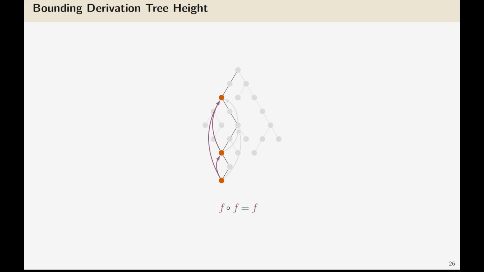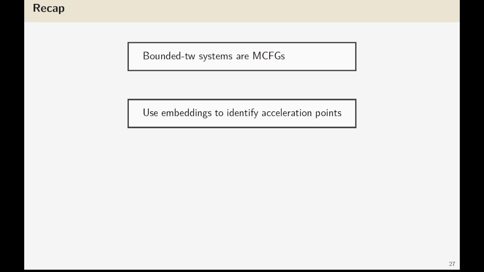Thanks, I'm almost done. Okay, just to recap, we have shown that bounded tree systems are multiple context-free grammars. We have used these embedding maps to identify the points in the derivation trees where we can accelerate productions.